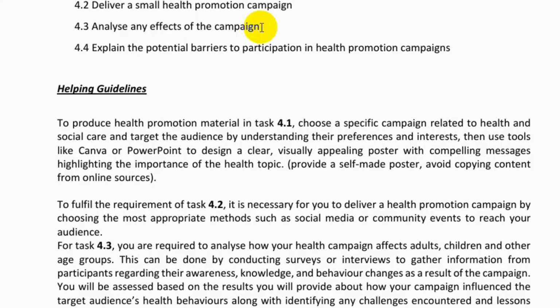Let's suppose there are people who cannot participate because they are not interested in health promotion campaigns, or it is possible that they do not have sufficient resources to participate, or they are not confident enough to get involved in health promotion programs. So you have to identify these barriers that are preventing individuals from taking part in health campaign programs.